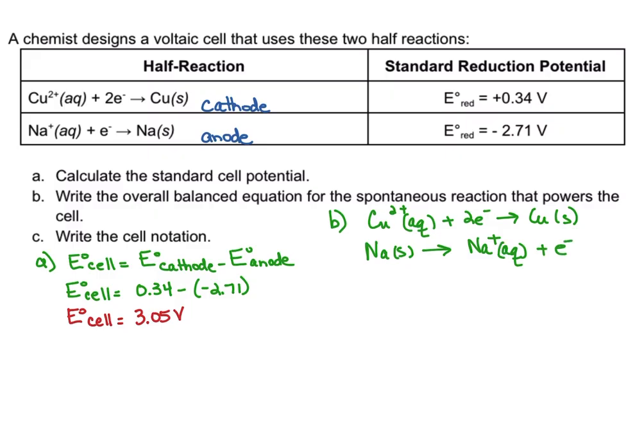All right. In order for us to add these numbers up, our electrons have to cancel out. So in order for them to cancel out, I'm going to have to multiply the sodium half reaction by 2. So let me rewrite that. So copper stays the same.